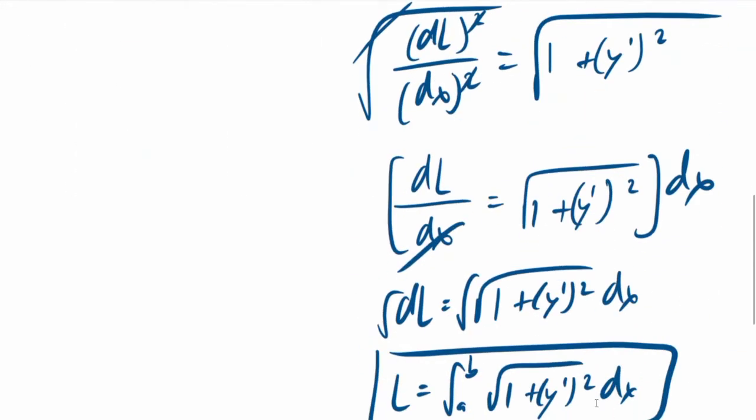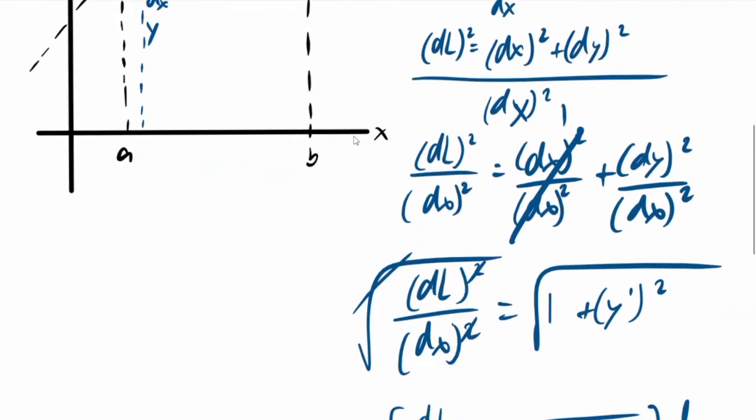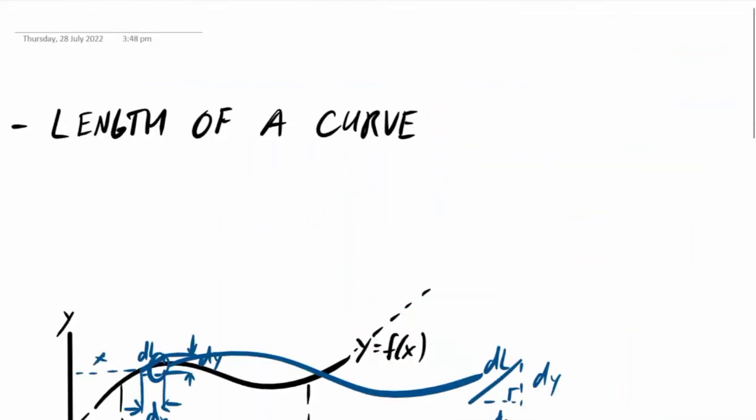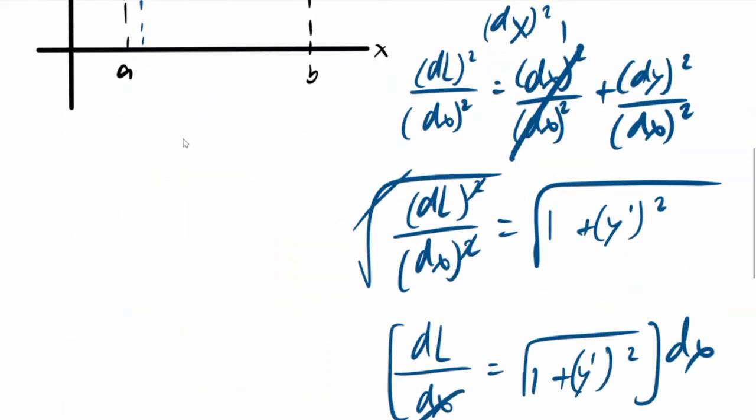So this is for our dx, right? This time let's get our dy. So instead of dividing by dx here, we will get the dy.